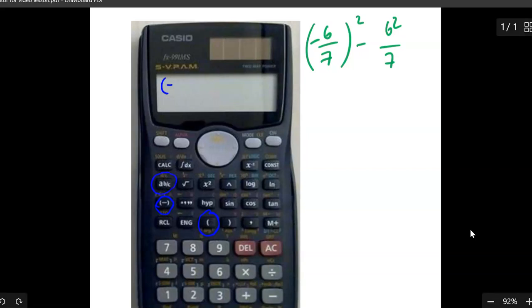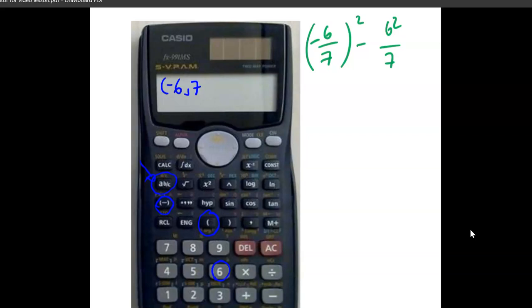I press number 6 first, and then I press this key. Pressing that key, it will show that I have a symbol like this. And then I press 7. So that's representing negative 6 over 7.